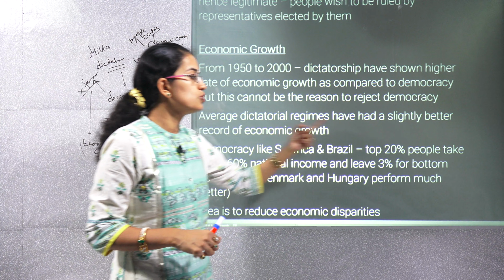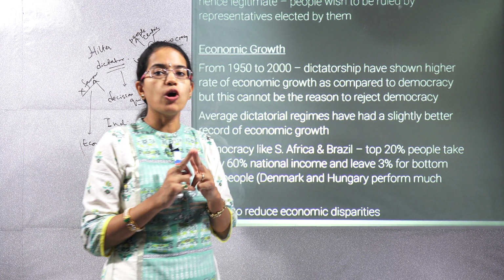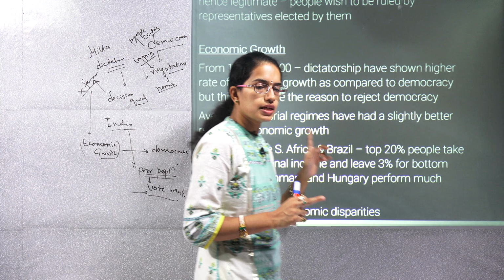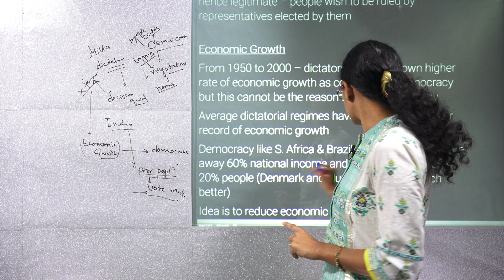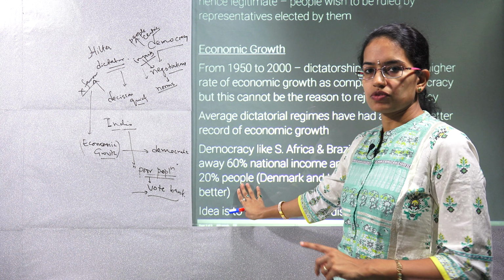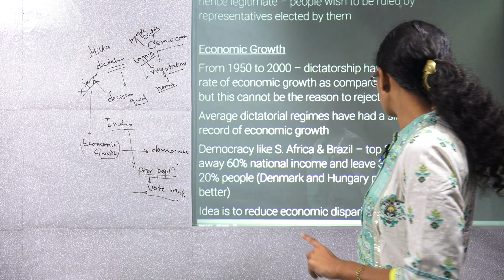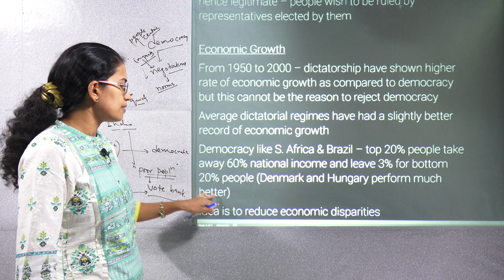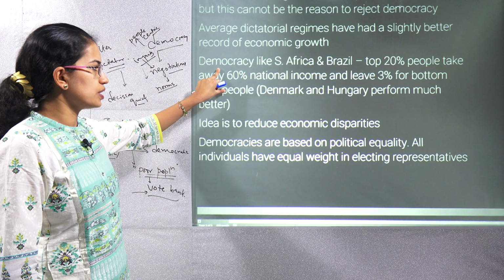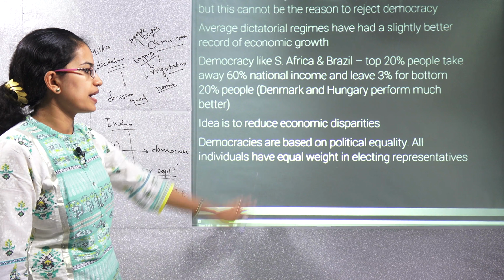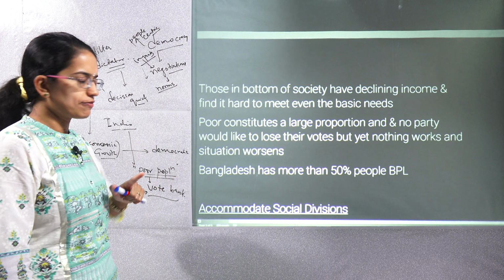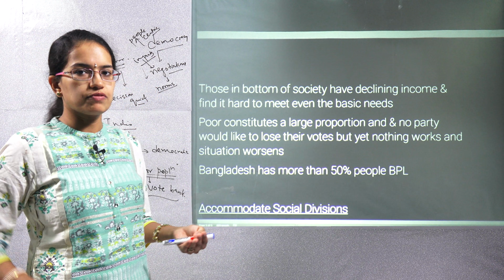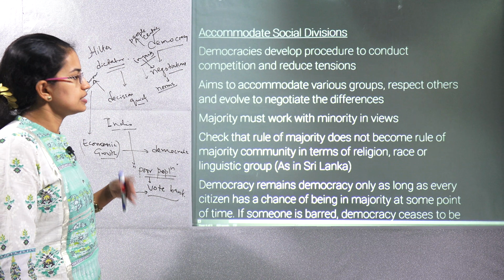This brings in a huge economic disparity between the rich and the poor, which is visible predominantly in democratic societies, and the bottom 3% has 20% of the population. That's a big gap that we need to work around, and therefore working on economic disparities is another important issue under democracy, because under democracy we believe in political equality, but bringing in economic equality is again important.